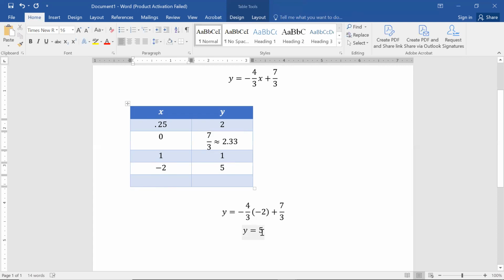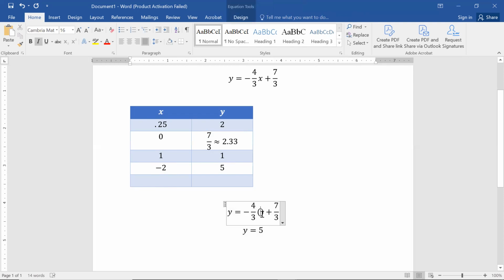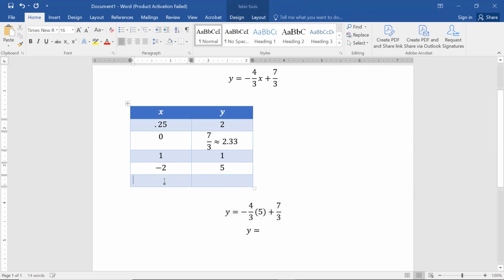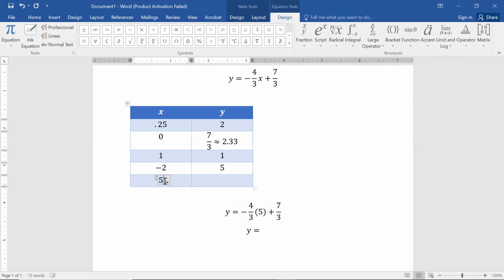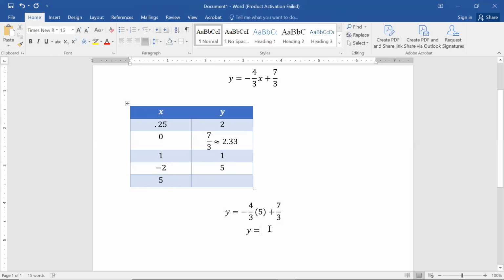And then let's plug in something a little bit bigger. We'll plug in a 5. So I'll plug in 5 for x and see what I get for y. Negative 4/3 times 5 plus 7/3 is approximately negative 4.33.